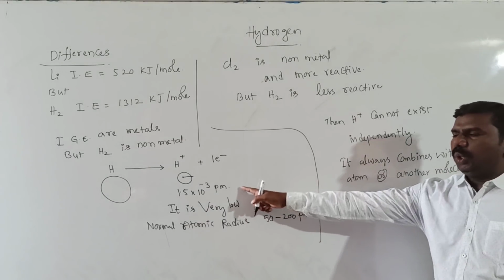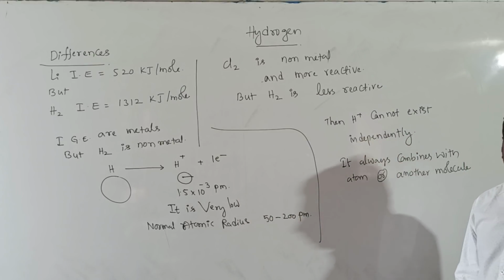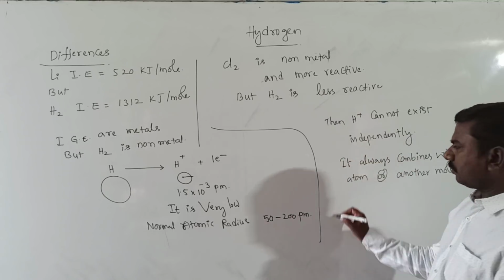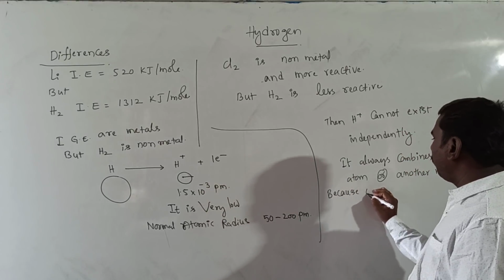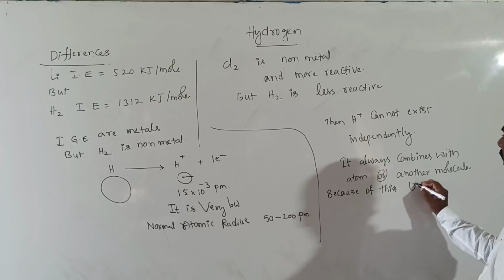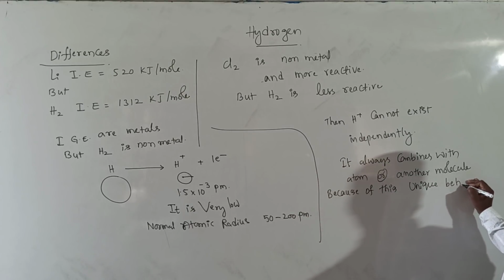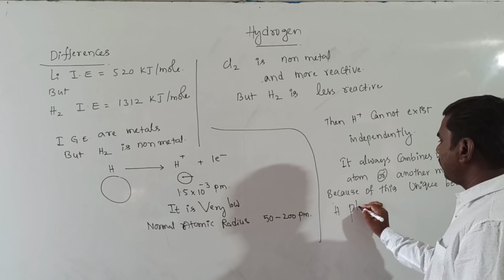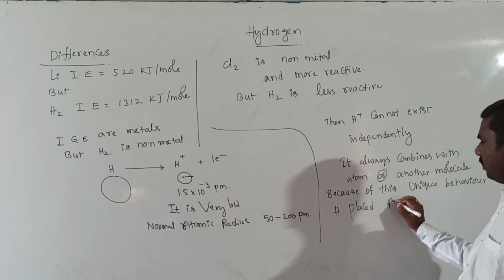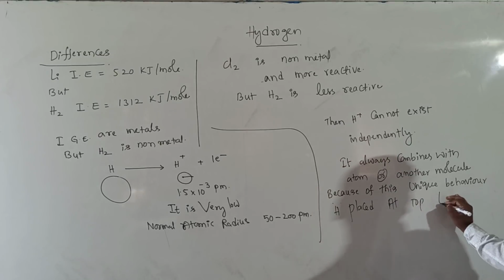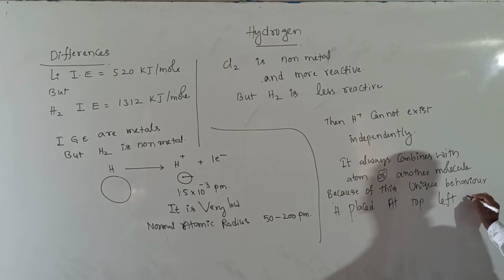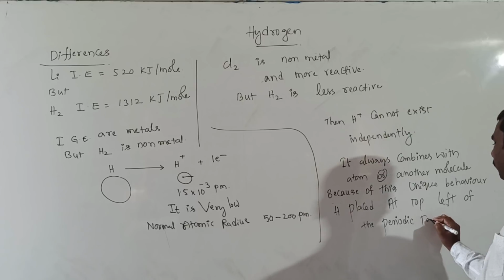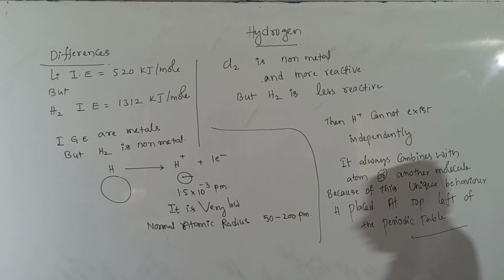Because of this unique radius or unique behavior, hydrogen is placed at the top left of the periodic table. Is it clear?